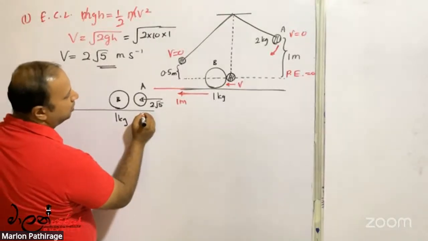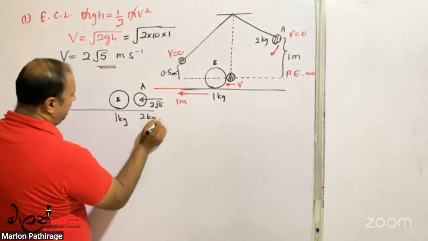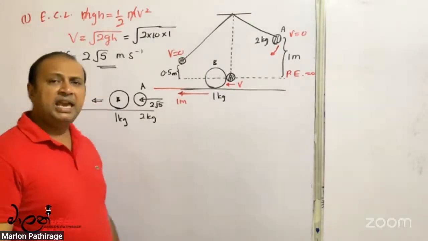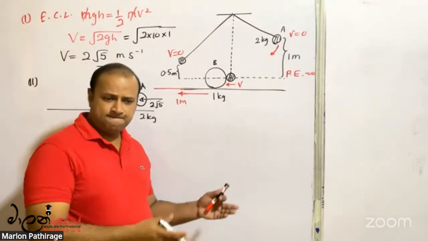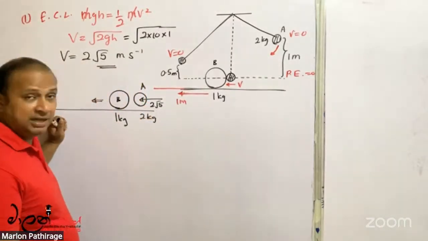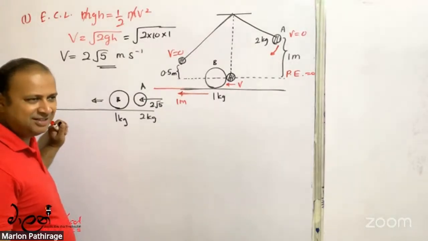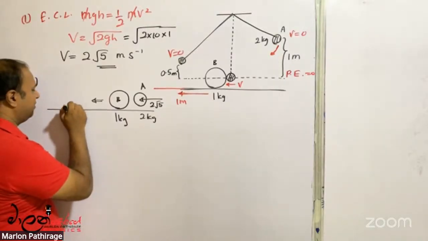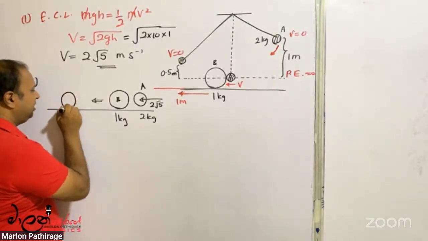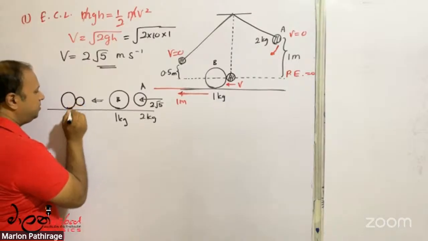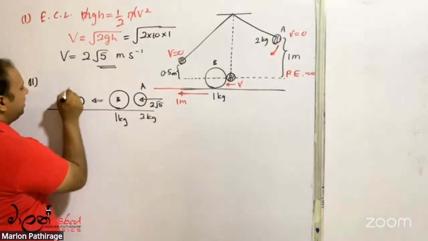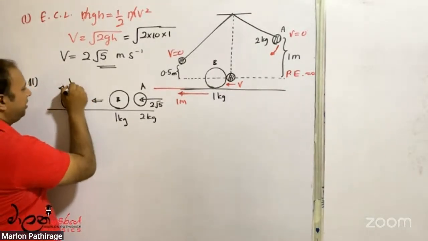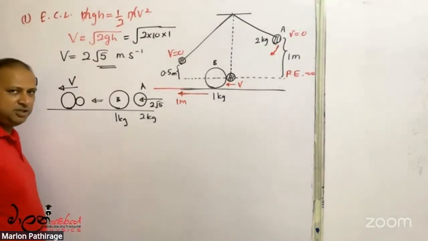So as it is an inelastic collision, just after the collision, definitely these two objects will move together as a combined object. Is that clear?